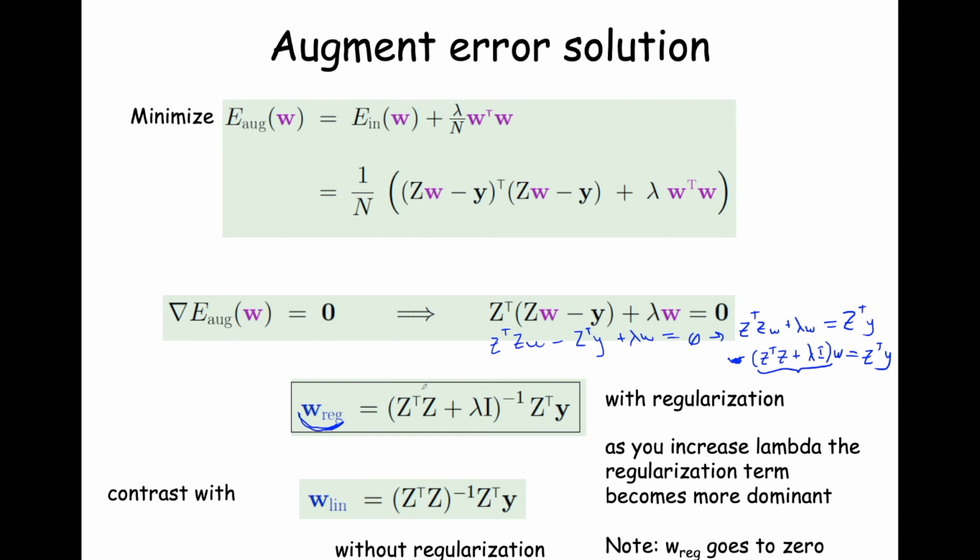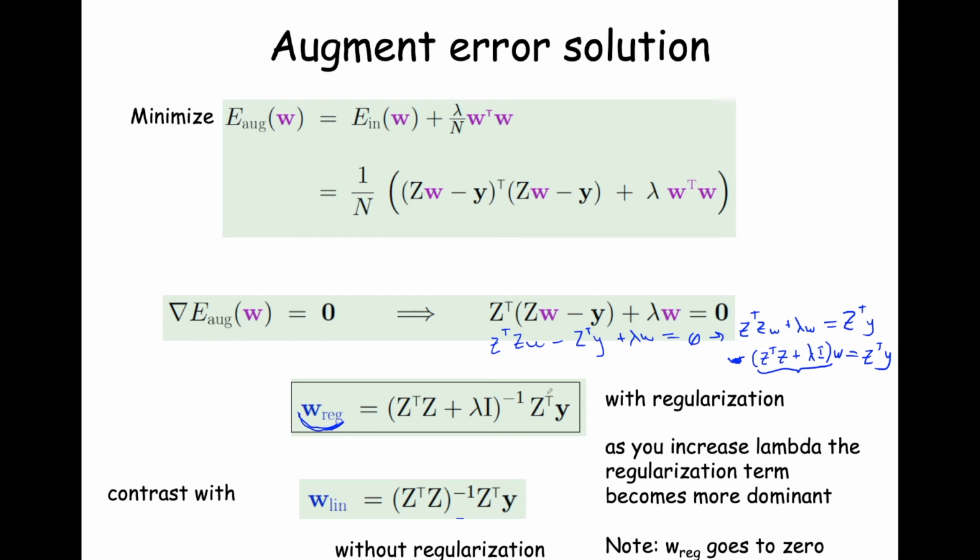And so W reg is equal to Z transpose Z plus lambda times identity quantity inverse Z transpose Y. And it's the regularized version of the linear regression solution, where W-lin is just our usual pseudo-inverse.